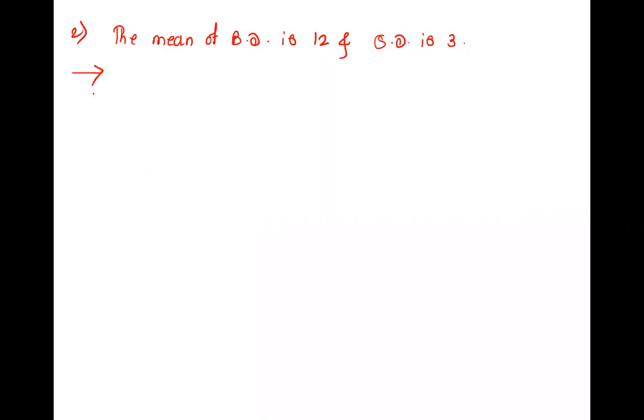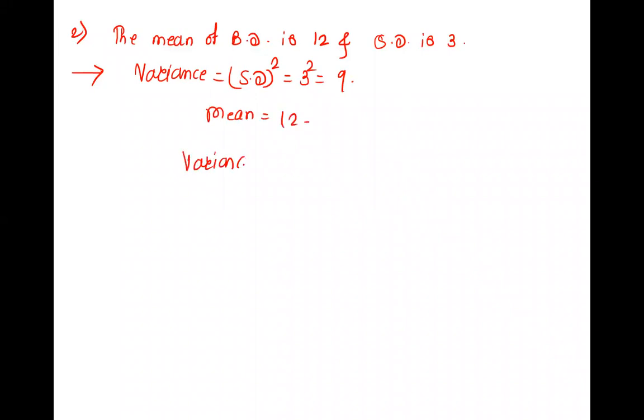What is variance here? 9, correct, 3 square. So 9, and mean is 12. Your variance is less than mean. Variance is not greater than mean, so it is a true statement. Correct.